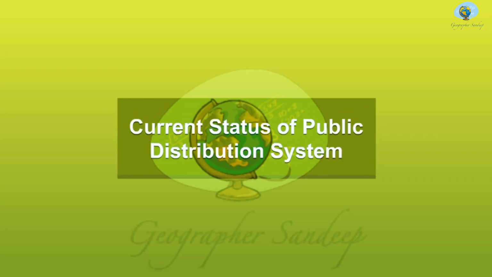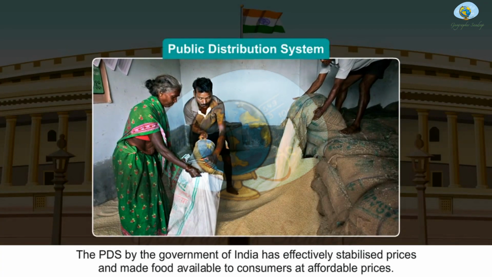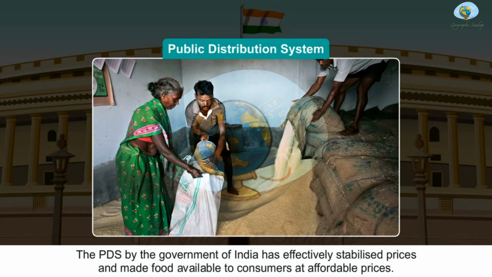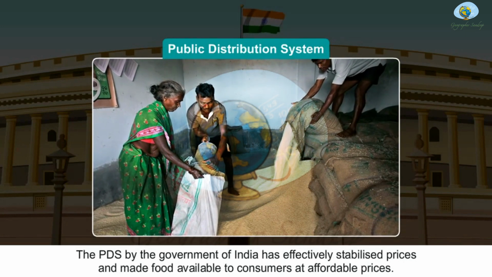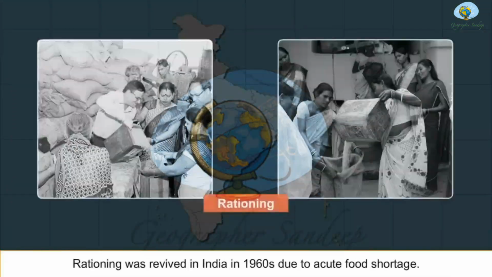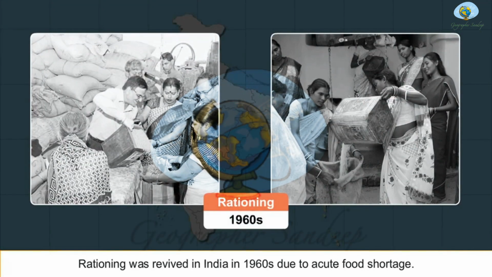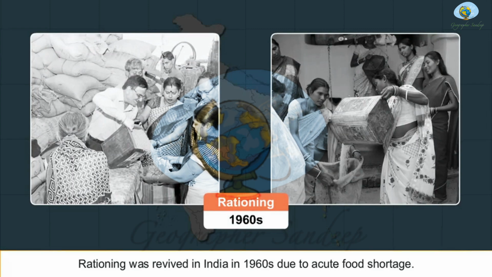Current status of public distribution system. The PDS by the Government of India has effectively stabilized prices and made food available to consumers at affordable prices. Rationing was revived in India in the 1960s due to acute food shortage.